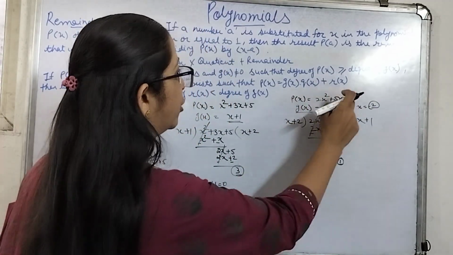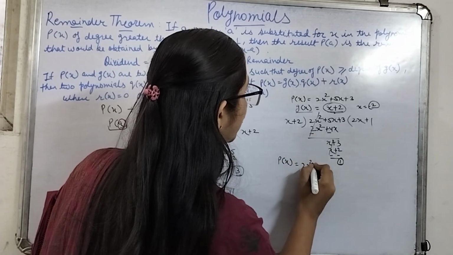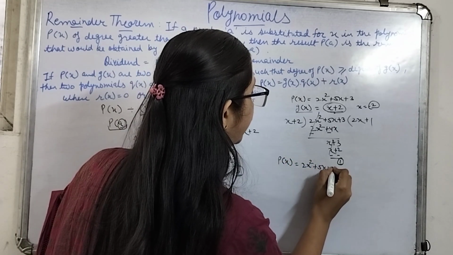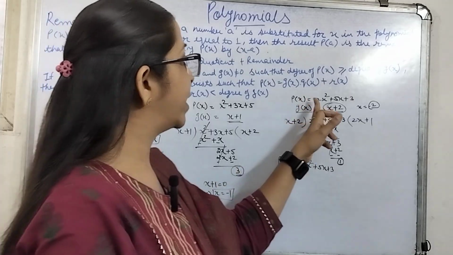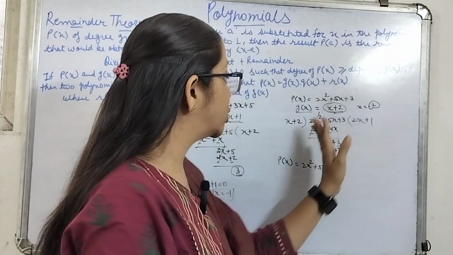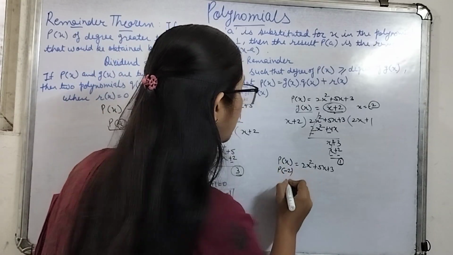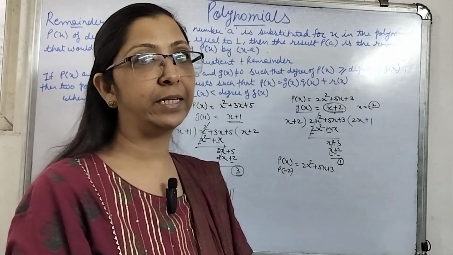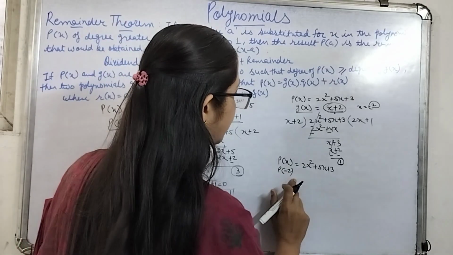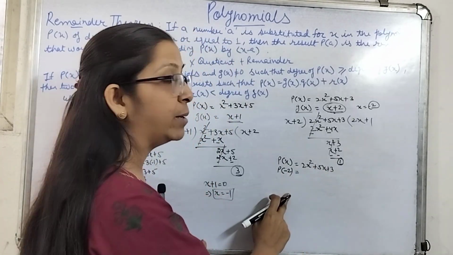Now we will be taking p(x), your dividend. p(x) is equal to 2x squared plus 5x plus 3. Now instead of x, we will be replacing x by minus 2. Whatever value comes, that is, the value of p(minus 2), will give us the remainder. So wherever x is coming, we will replace it by minus 2.